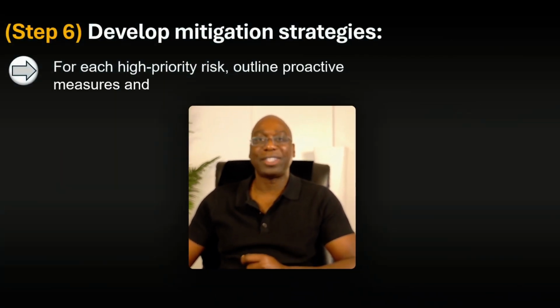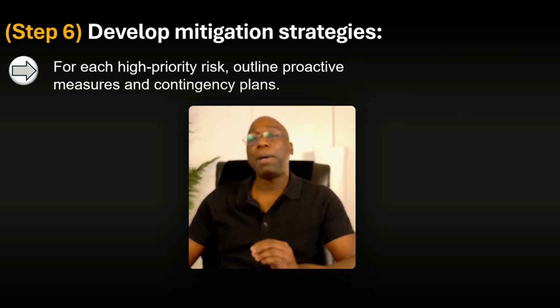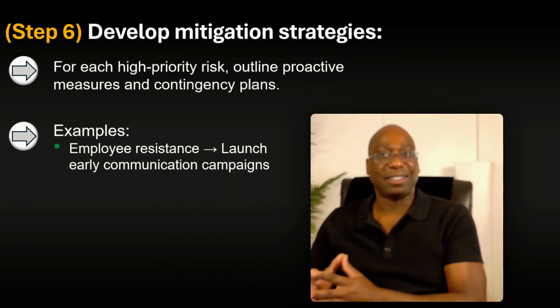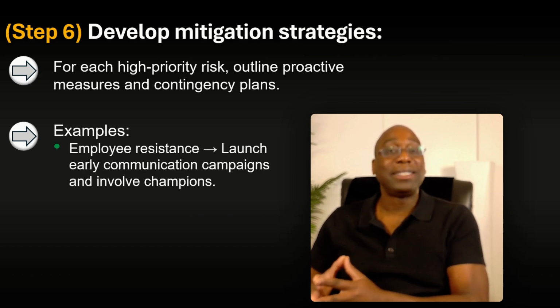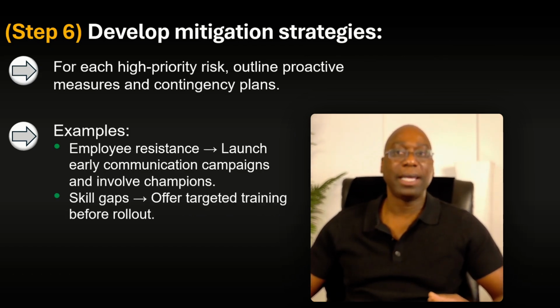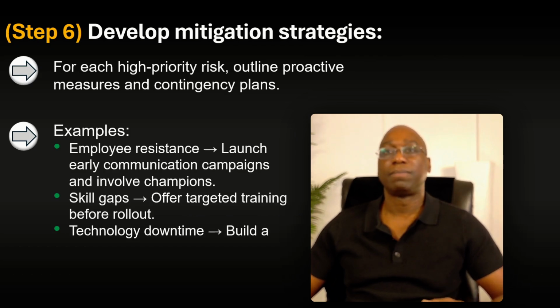So basically, developing mitigation strategy means for each high priority risk, you want to outline proactive measures and contingency plans. Examples: employee resistance. To mitigate that risk, you want to launch early communication campaigns and involve champions.